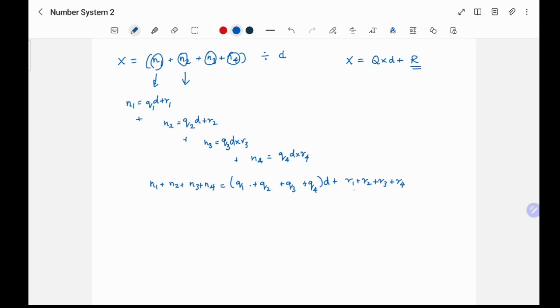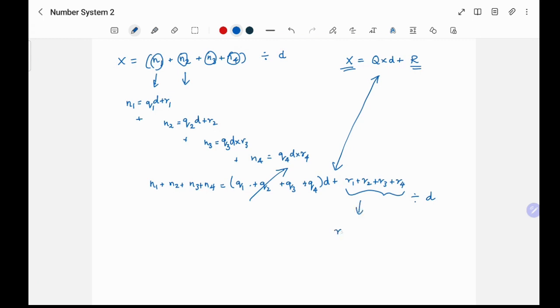Now you can compare these two expressions, right? Whatever is the remainder of x, it will also be the remainder if we divide this number by d, because this part is divisible by d, so it will never come into the remainder's picture. So this we can neglect.